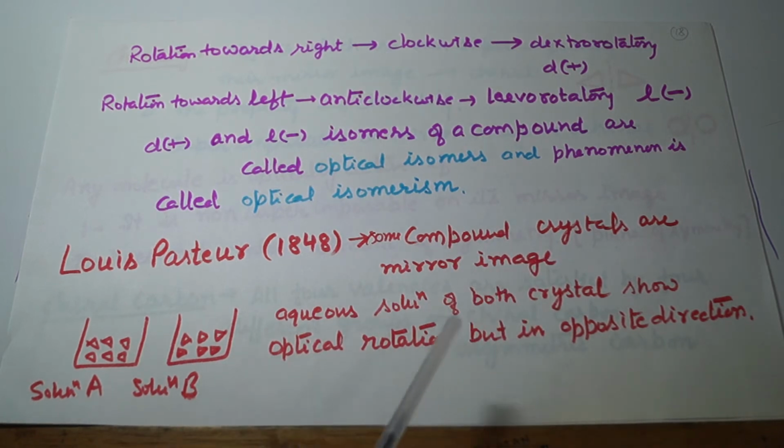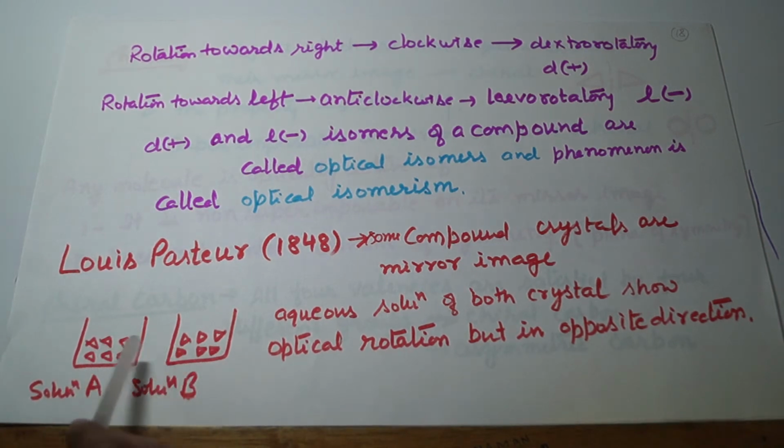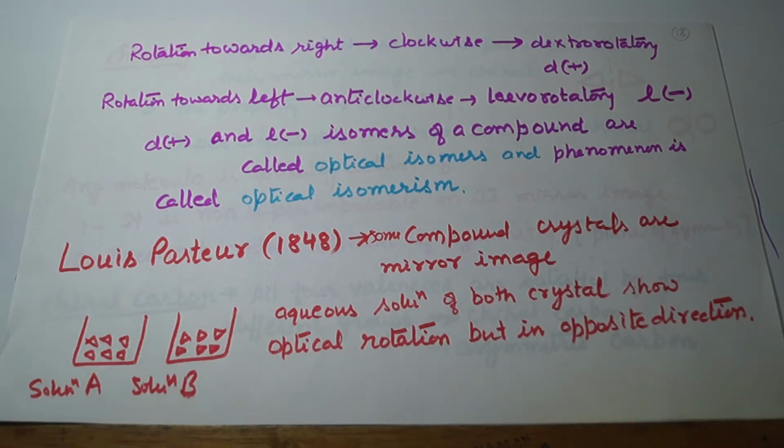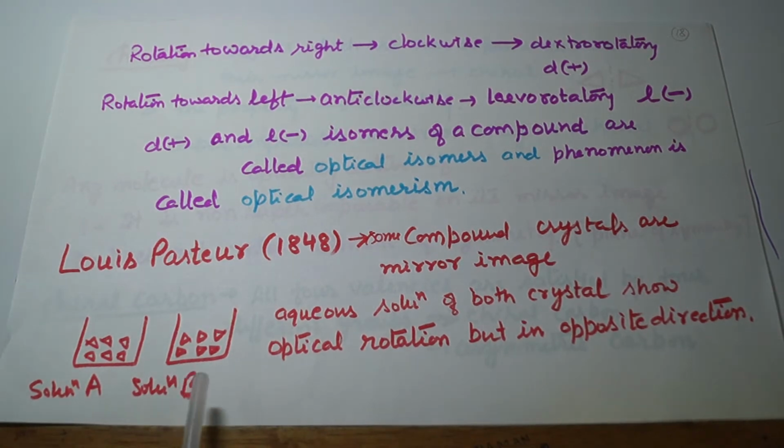Then he separated these crystals and made solutions of the two, solution A and solution B. These were crystals of the same compound, but mirror images of each other.